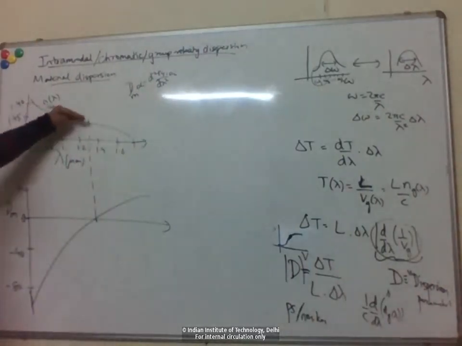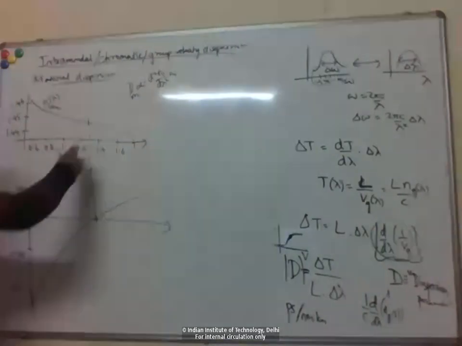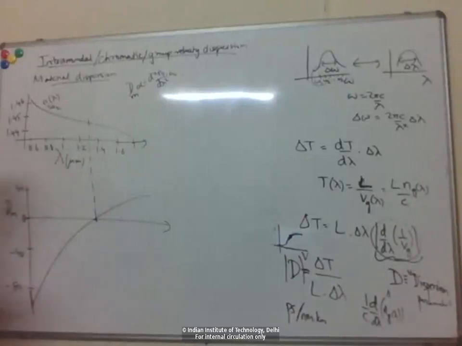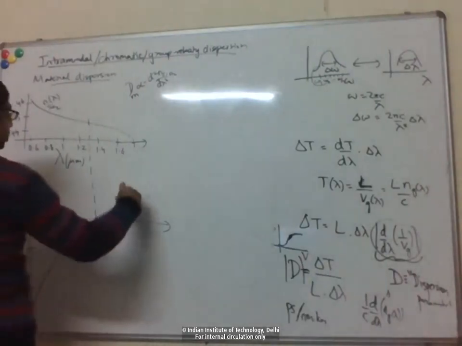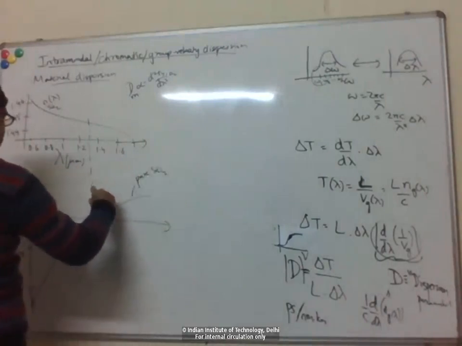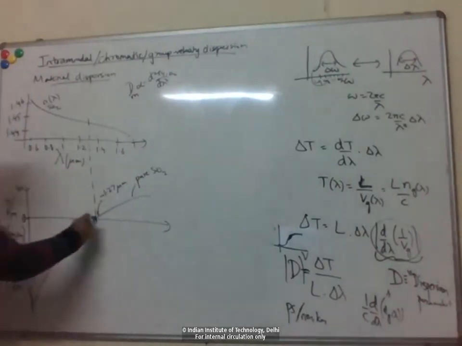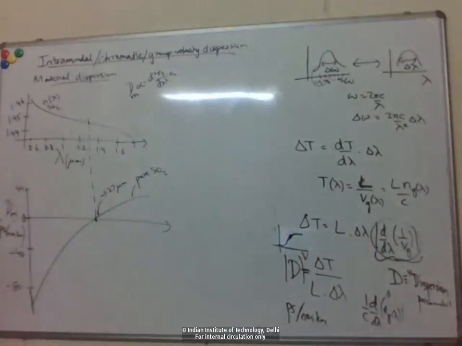So here basically the double derivative is positive, which means D_m is negative. And then after 1.3 micron, it becomes positive. Right, so this is in picosecond per nanometer per kilometer. Okay, so this is, let's say, for pure silica. So this exact value is about 1.27 micron, the wavelength at which the material dispersion crosses 0.